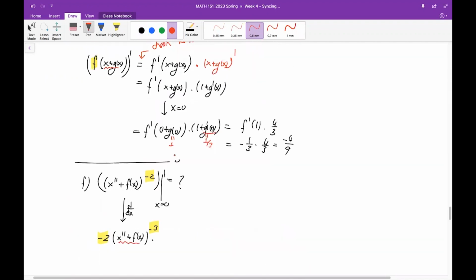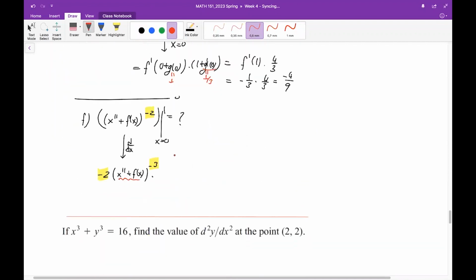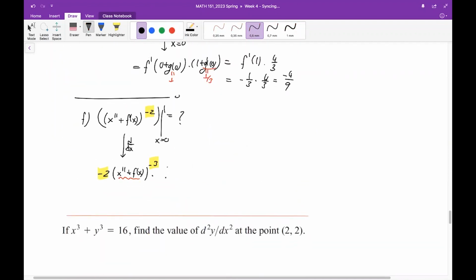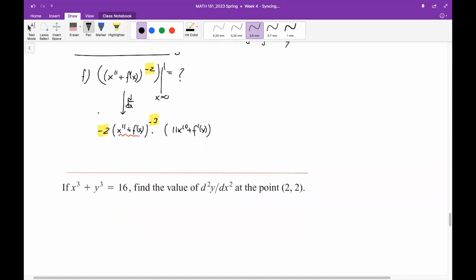What is the derivative of that thing? So it goes like then 11x to the power 10. This is the derivative of the first expression plus f prime of x, of course. So this is the derivative of it. And then I will insert x equals 0 everywhere.